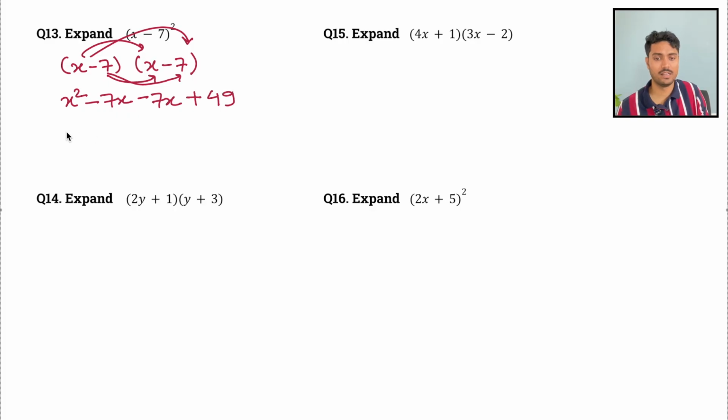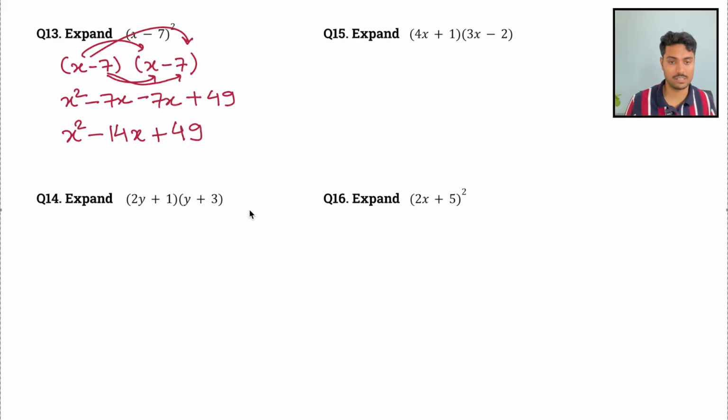So this can be written as x square minus 14x plus 49. I hope this was easy to understand.